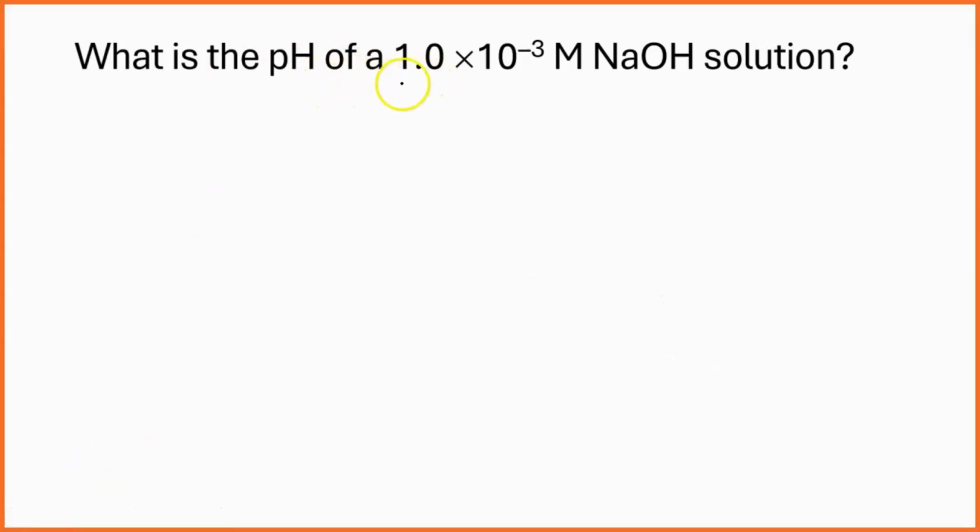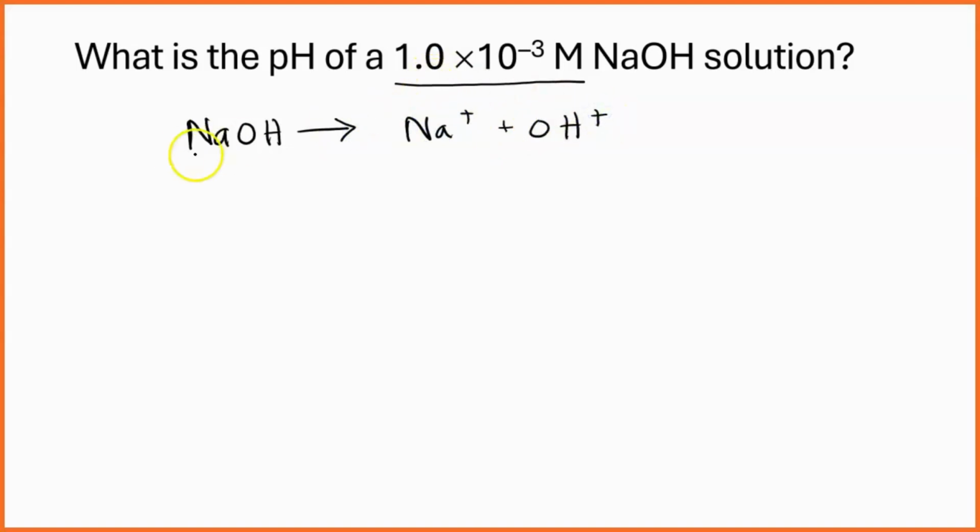So what's the pH of this concentration? Now first, I'm going to start with a dissociation equation. This is going to break apart into the sodium and the hydroxide. I'm given the concentration of the sodium hydroxide, and because they're all just ones in the front, my hydroxide concentration will be exactly the same.